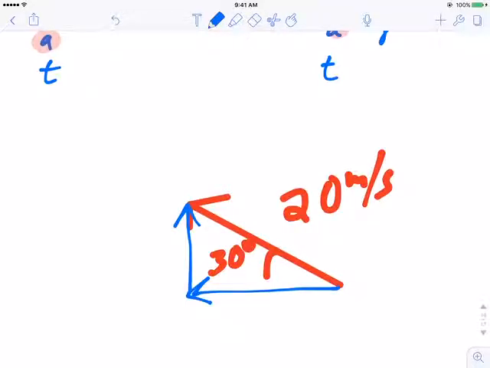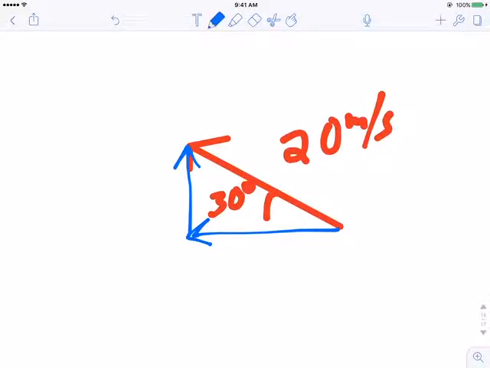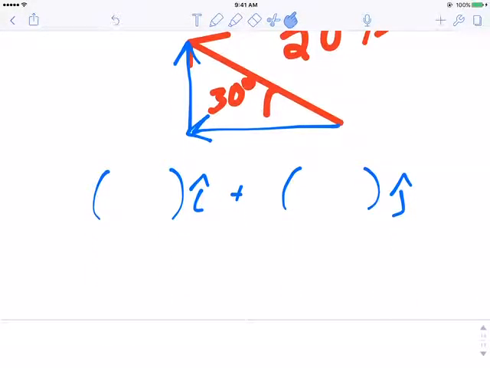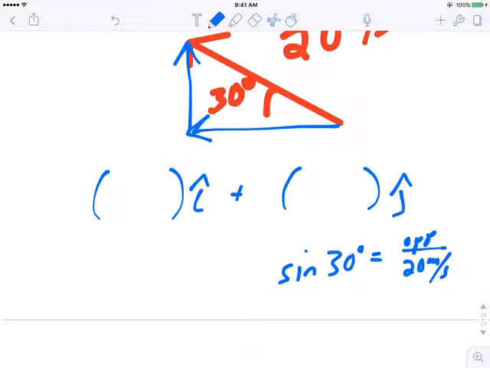Up. And what you're going to have to do is break this into component vectors. And so you're going to have to figure out how much of this is i hat and how much of this is our j hat part of this. And so if you do sines and cosines, we're going to say sine 30 equals the opposite side over 20 meters per second.